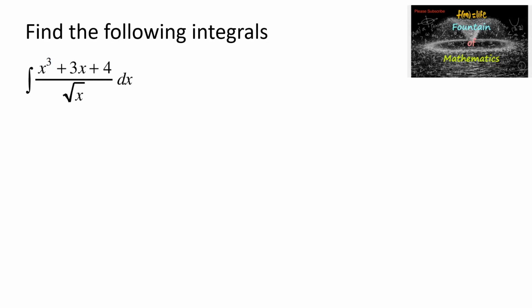Find the integral of (x^3 + 3x + 4) upon root x dx. So we can simplify here x^3 divided by root x plus 3x upon root x plus 4 upon root x dx.